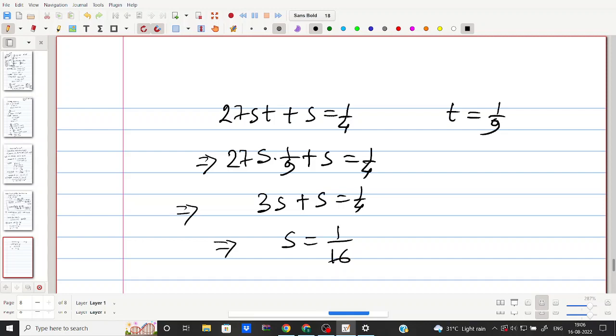What is an integral surface? Integral surface means the solution of this equation, no?